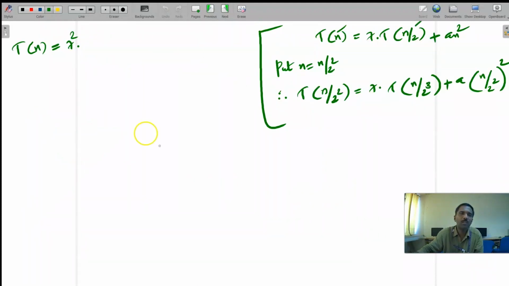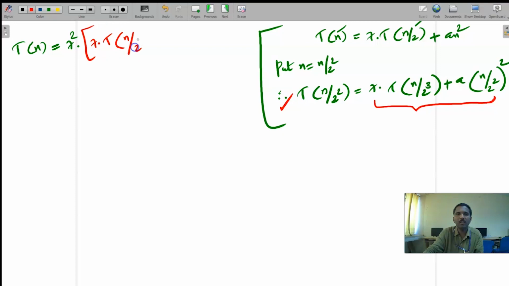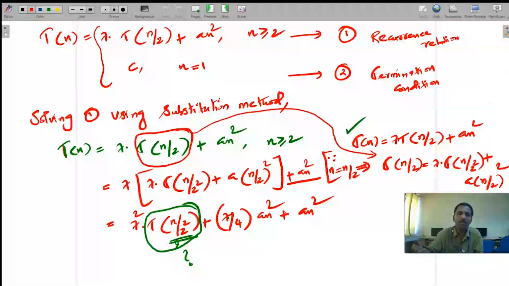Replacing the right hand side here, this is 7 square into 7 into T of n divided by 2 power 3, plus A into 4 square, n square, or we can write n by 4 the whole square, times A, plus the replacement has been done for T of n by 2 power 2.